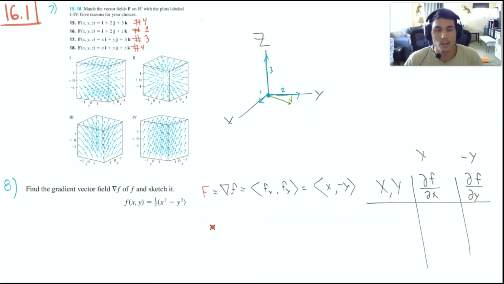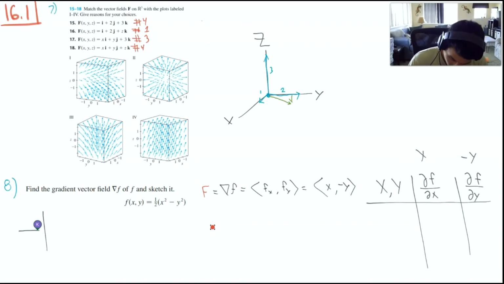Now you're like, what points do I pick? Well, there's a trick to it, really. So you make a rectangle, and you just pick simple points, just things like 1s and 0s. So you have 1, 1. This would be 1, negative 1, and this would be 0, 1.